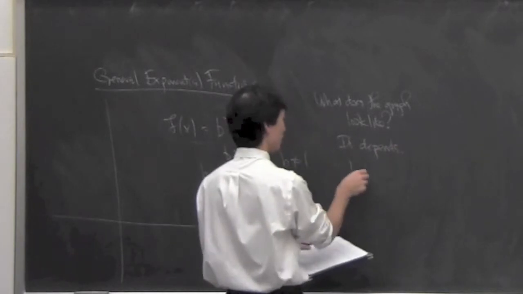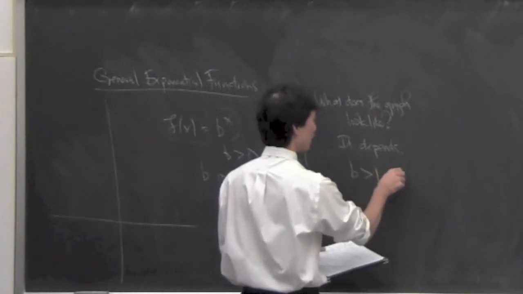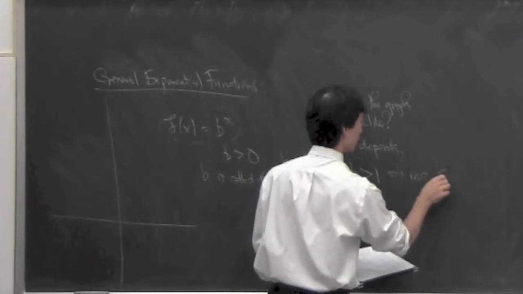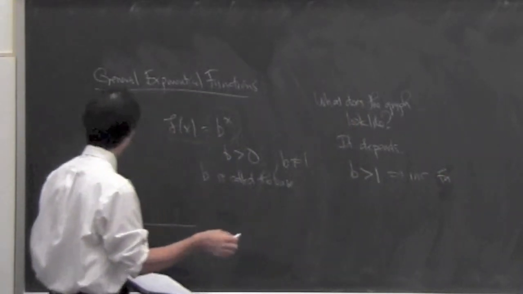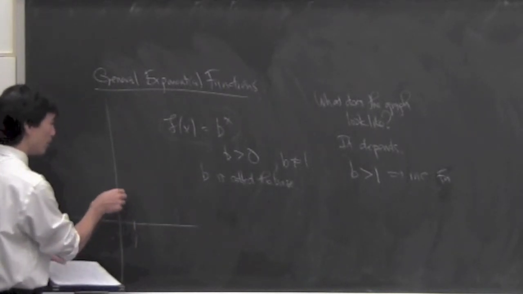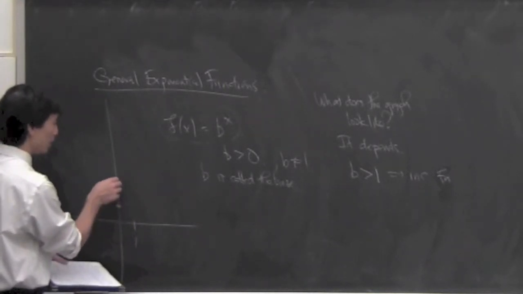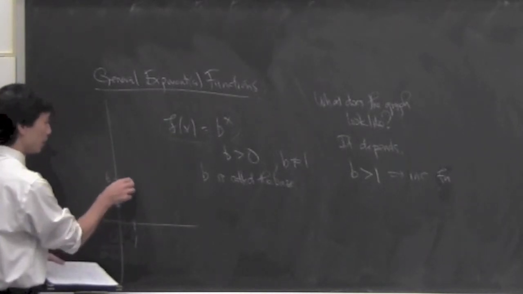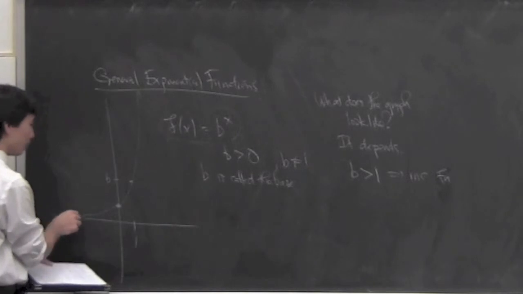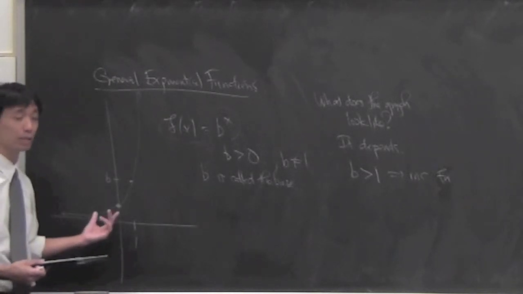If b is bigger than 1, then it's an increasing graph. At 1, it's going to be b, then b squared, b cubed, etc. It looks basically like the 2 to the x function.